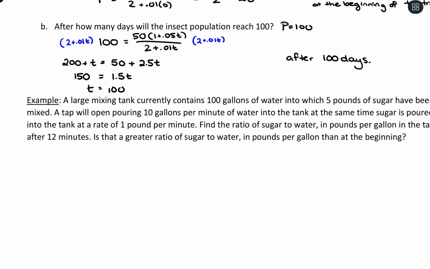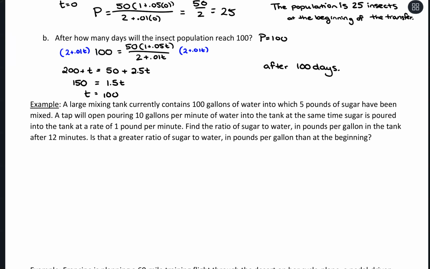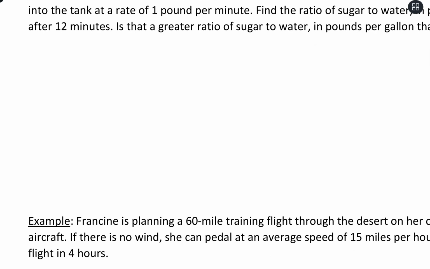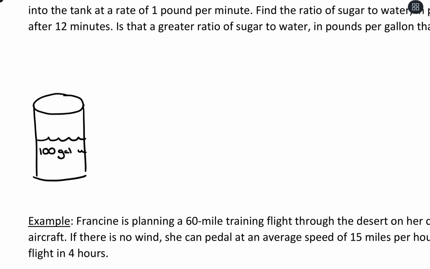In this next example, we're going to form the rational equation. So we have a large mixing tank, and currently it has 100 gallons of water and 5 pounds of sugar. And just because I'm visual, I'm going to go ahead and draw the tank. So we have this tank of sugar water, and right now it has 100 gallons of water and 5 pounds of sugar.